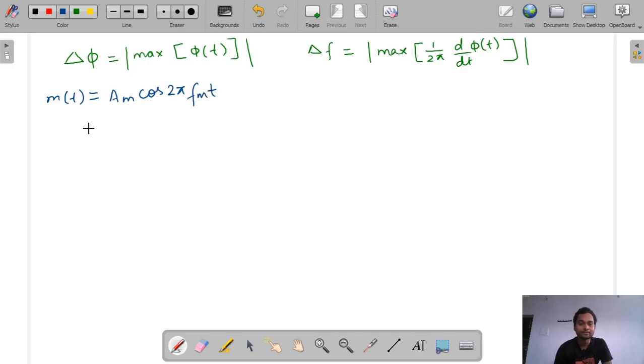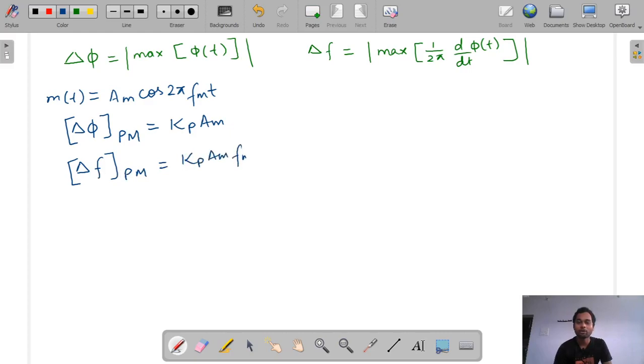In this case, our delta phi in the PM signal, yesterday we already found, is kp Am. And delta f of the PM signal will be kp Am fm. We already found this using this formula only in yesterday's class.